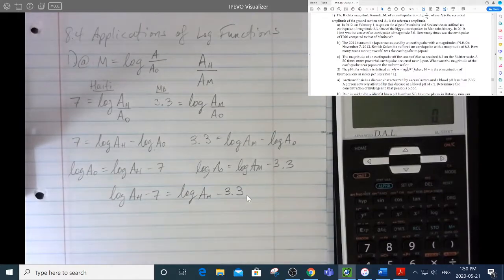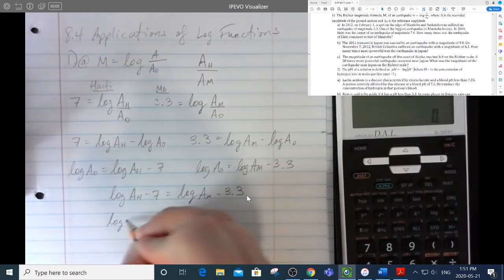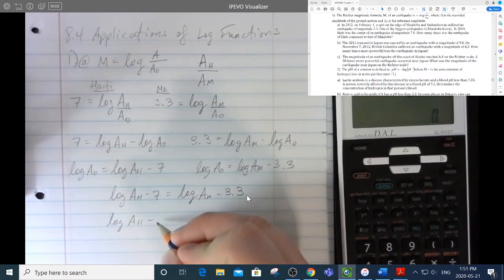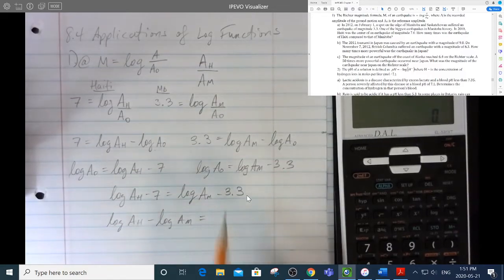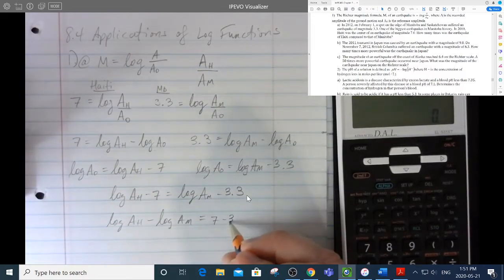Okay, so looking at that, I am going to basically rearrange this again so that I'm going to put the logs together. And I might as well put the constants together, so I'll add 7 to both sides. So that's going to be 7 minus 3.3.